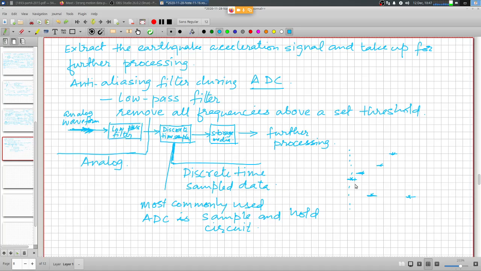And the quality of the data actually depends on how fine a resolution is used for the ADC, and how good the anti-aliasing filter is, how effective it is in removing the frequencies.